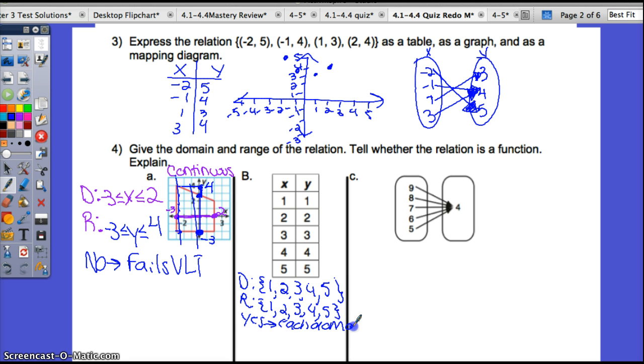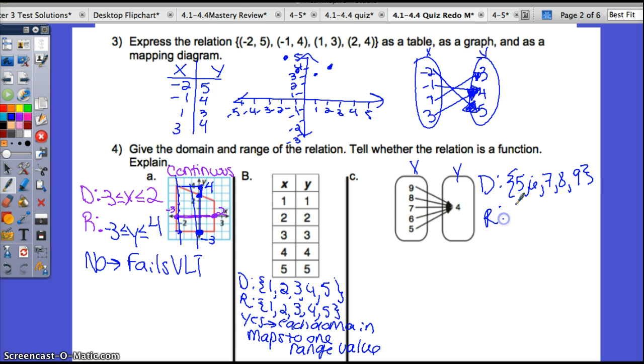domain maps to one range value. And then letter C, your domain here, these are your X, these are your Y. If I put them in order from least to greatest, it is 5, 6, 7, 8, and 9.